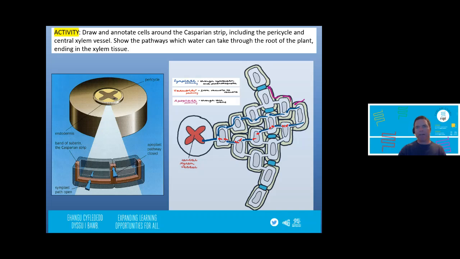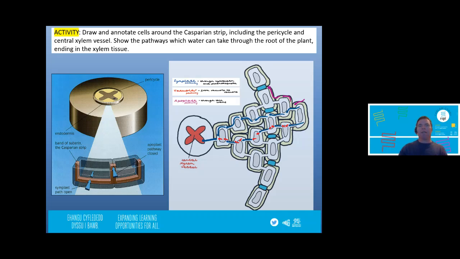Now, the Casparian strip is a substance called suberin, which is deposited in the cell walls of all those cells which are in the endodermis. And suberin is a waterproof substance, which, if you look at this diagram, you can see if water tries to move via the cell wall, it will hit the Casparian strip and will not be able to move any further via the apoplast pathway.